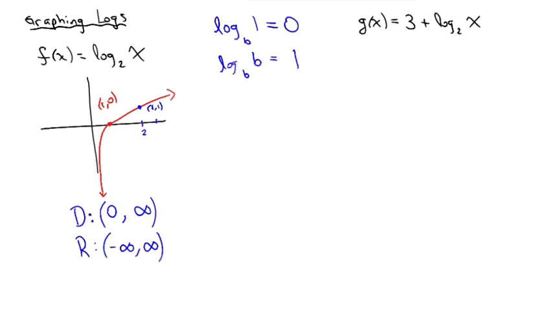Always come back to these transformations. What does it do to our base graph of a regular logarithm? To the left? Nope. Left and right has to be a number that affects the x. The x has no numbers next to it. So if it's outside, what does it affect? It raises it or lowers it, but in this case raises.